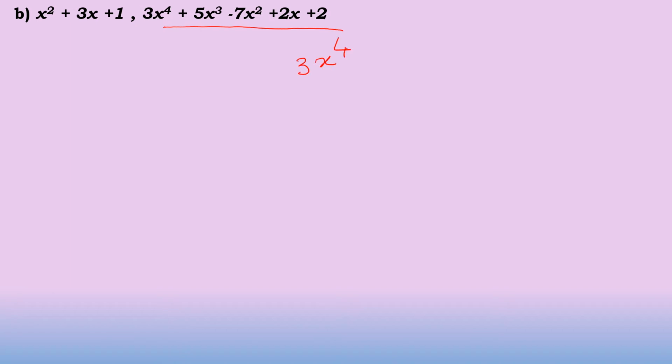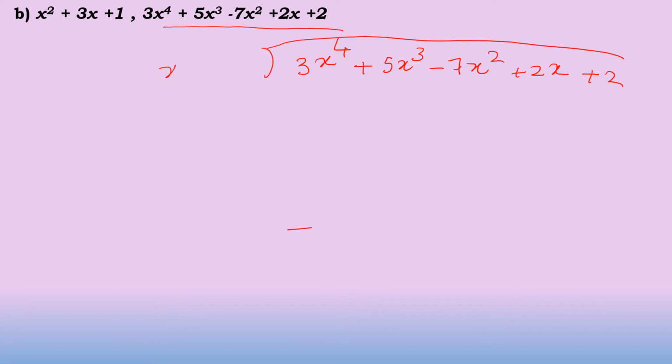We are going to divide it by x square plus 3x plus 1. If it is a factor, when you divide, you will get the remainder as 0. Let us see.